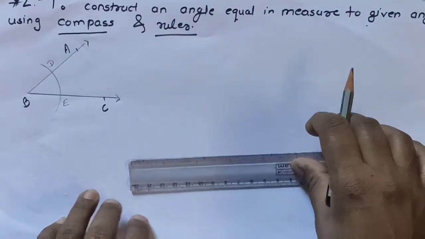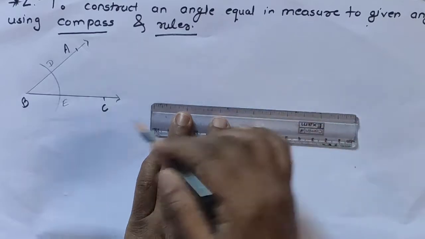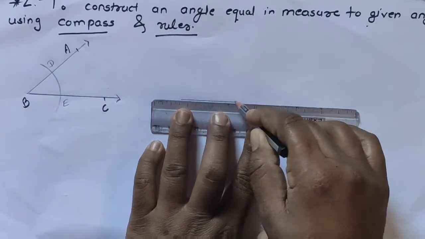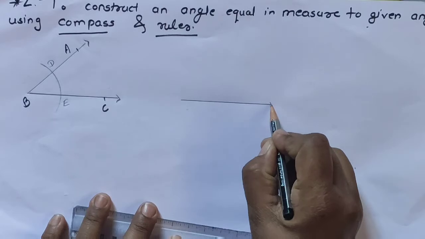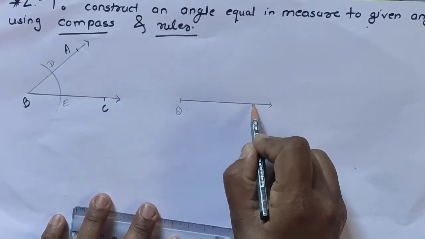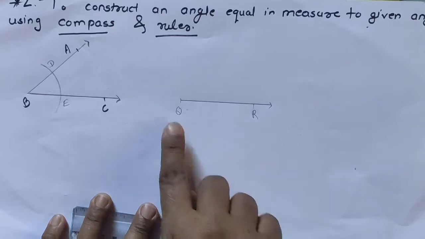First of all you draw the ray. This is Q, and this is R. Ray QR.